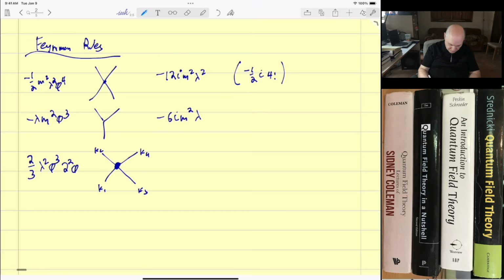A heavy dot means that it's a derivative interaction.